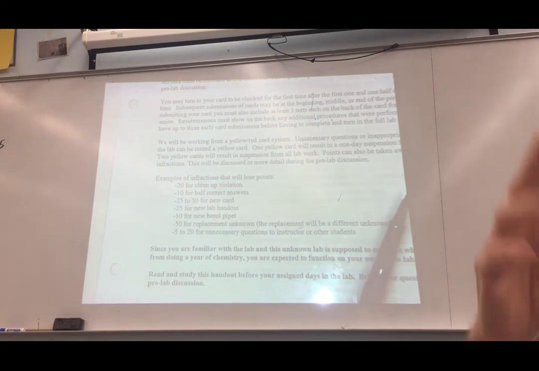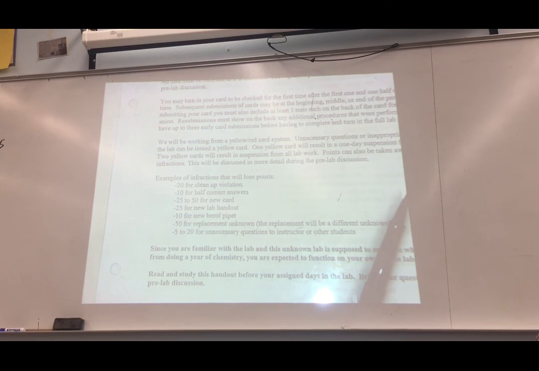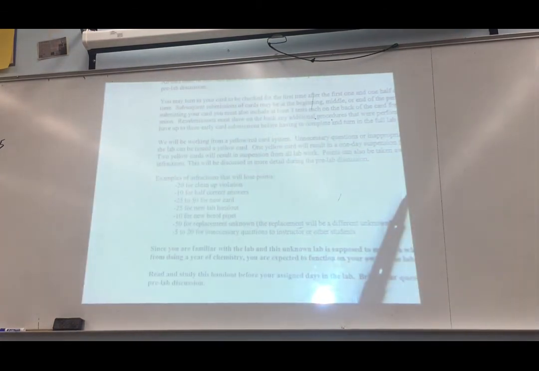So you go in the room and you're working. A person takes their unknown, instead of setting it nicely in the test tube rack, they set it up against the gas vent. The person from across reaches over to turn something, the unknown falls on the table, breaks.